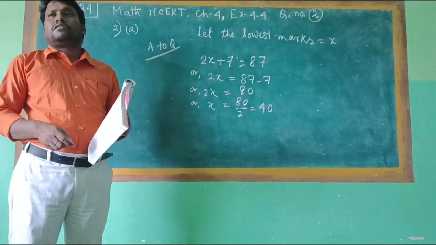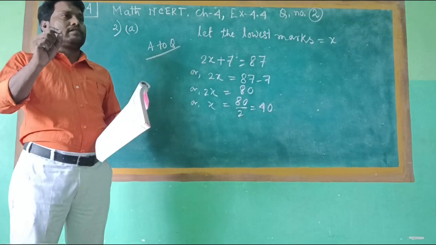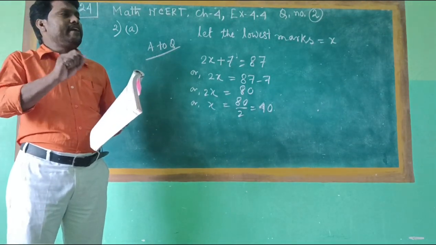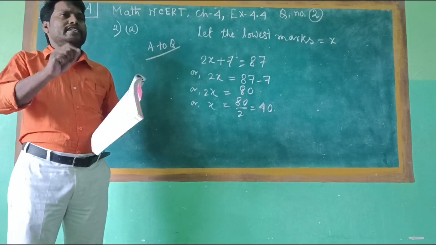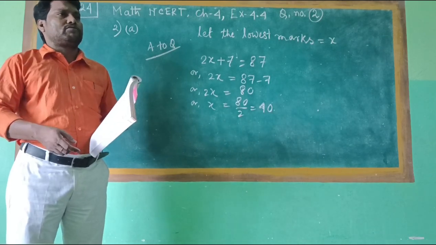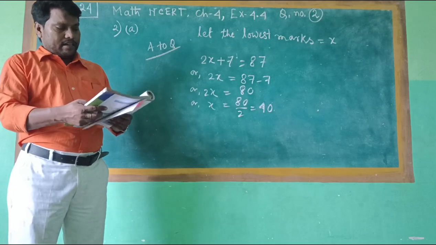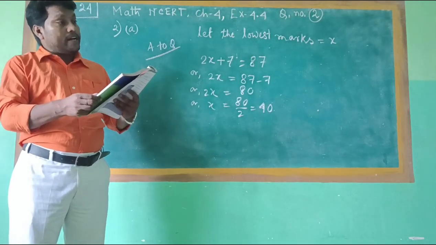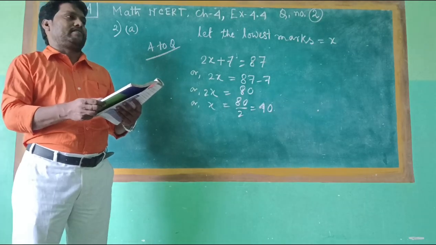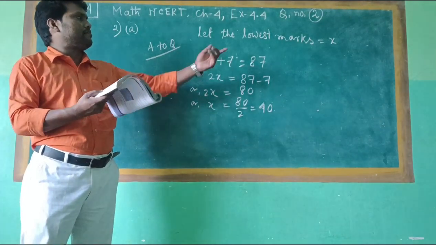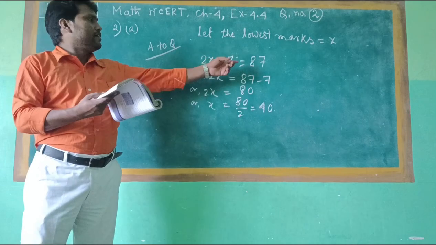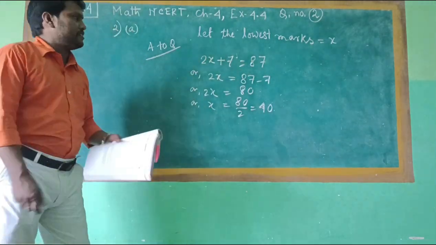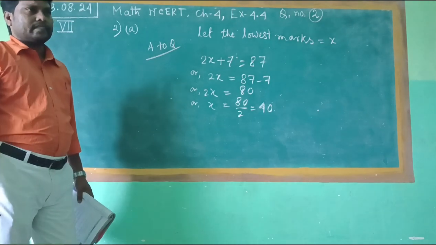If you cannot construct the equation, read the main line 2 times, 3 times, then the equation will automatically come out. The second line is very important: twice the lowest marks plus 7. So twice the lowest marks, that means 2x plus 7, is equal to the highest marks. So the lowest marks is 40.